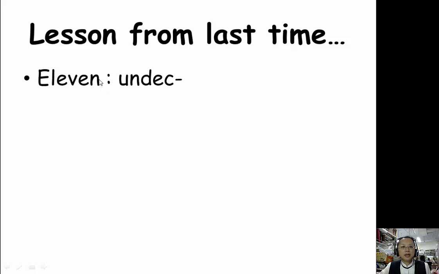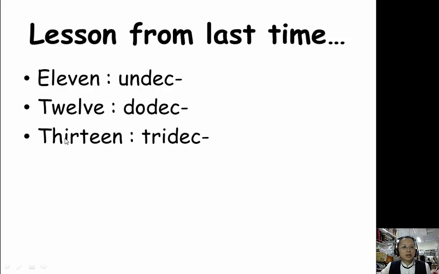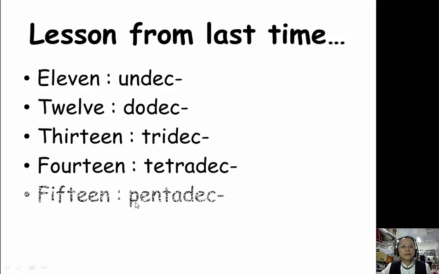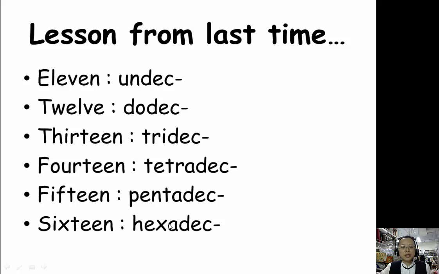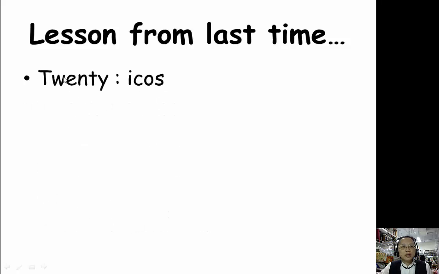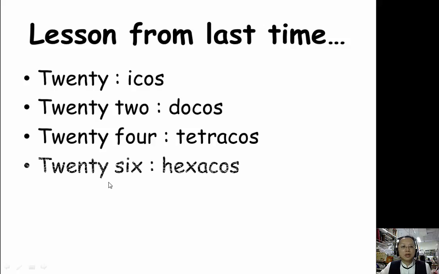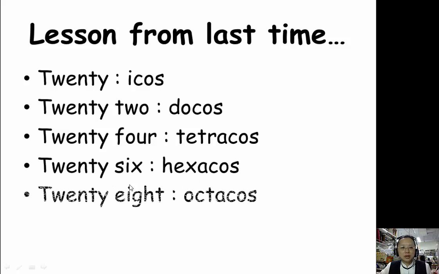Remember, 11 is undeck, 12 is double-deck, 13 is trideck, 14 is tetradeck. Remember TPA? 15 is pentadeck, and 16 is hexadeck. 20 is icos, 22 docos, 24 tetracos, 26 hexacos, 28 octacos, 30 triacount.